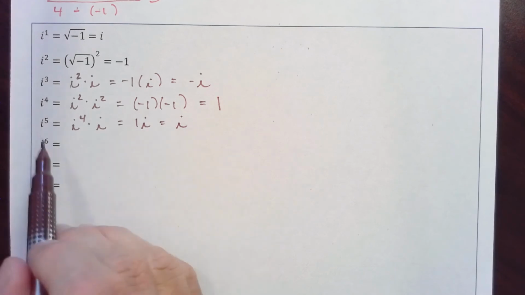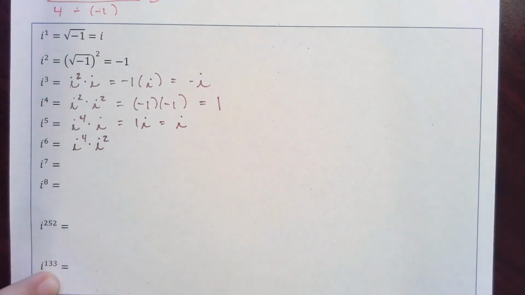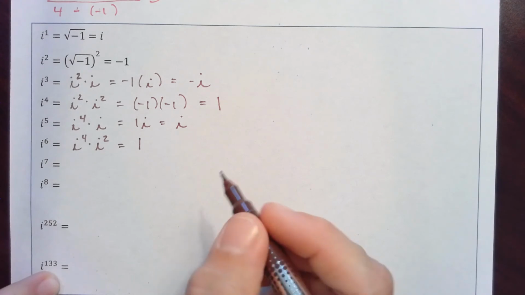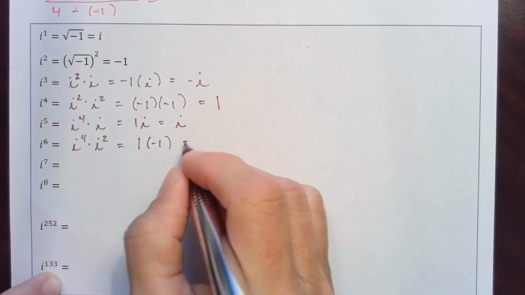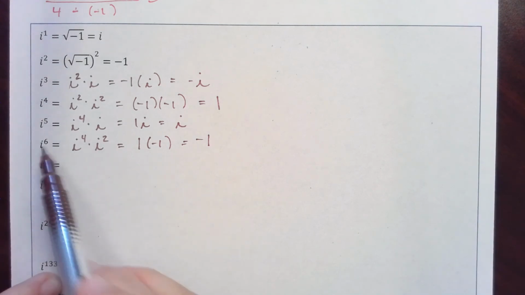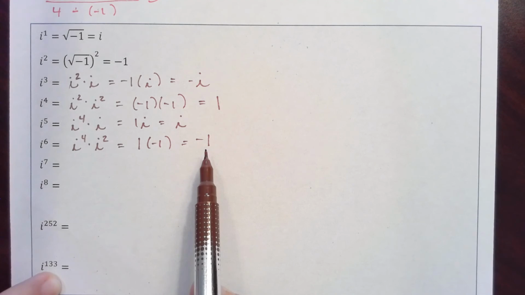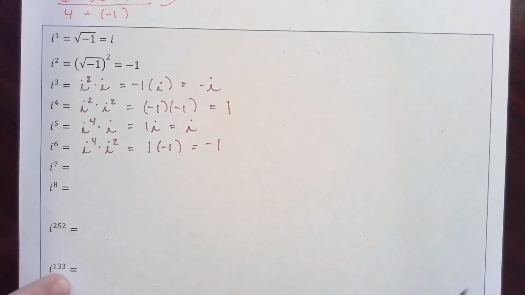Okay, so what about i to the 6th? Can we say that's i to the 4th times i squared? But i to the 4th is 1, and i squared is negative 1. 1 times negative 1 is negative 1. So i to the 6th power is negative 1. So what about i to the 7th?